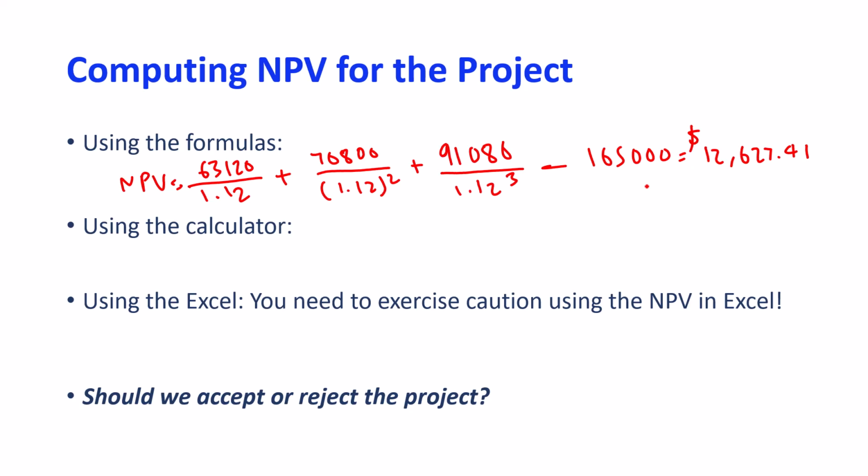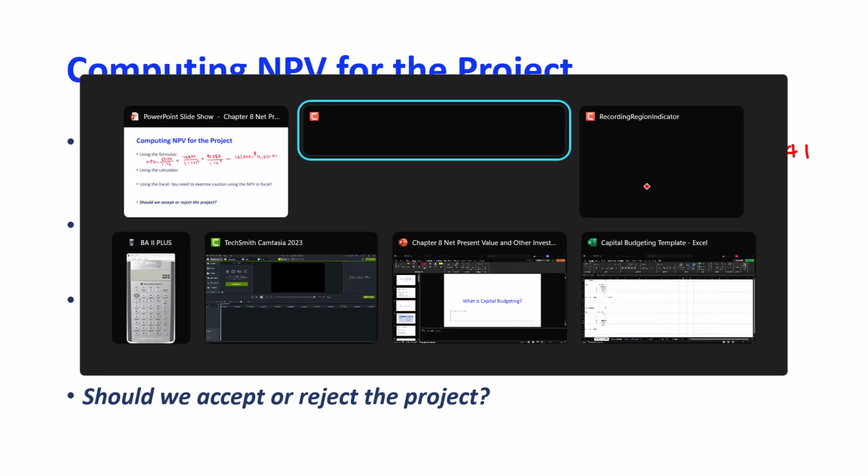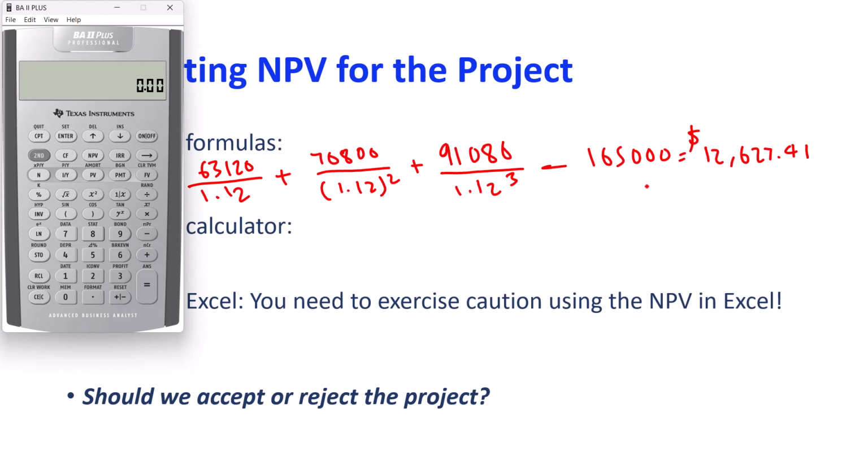Now let's try the financial calculator and see how we can calculate the NPV using it. In fact, we've already tried it before, but without entering the cash flow 0. So to do this, we are going to use the cash flow function.